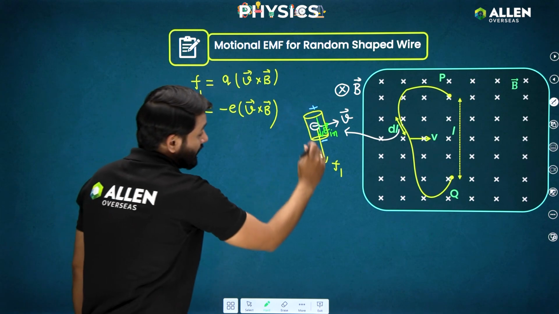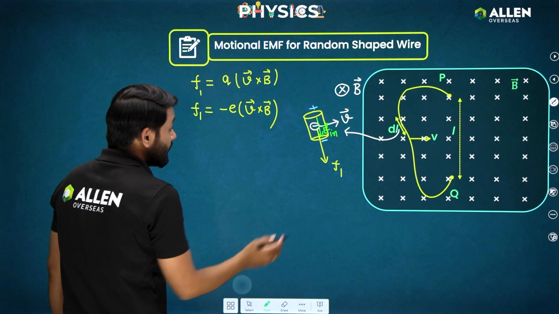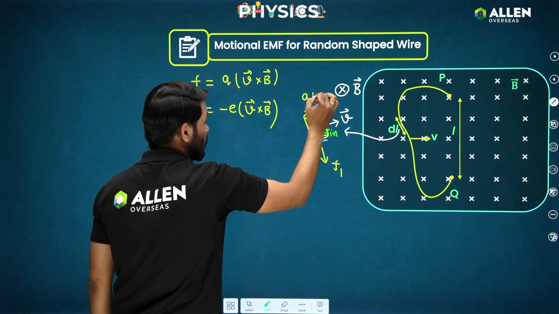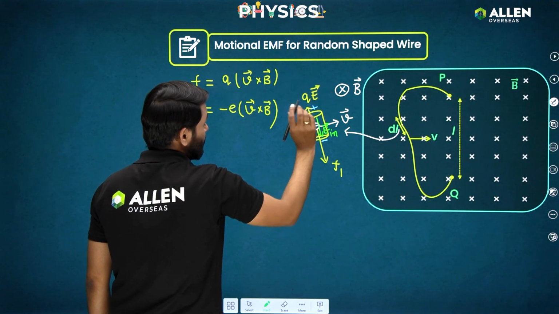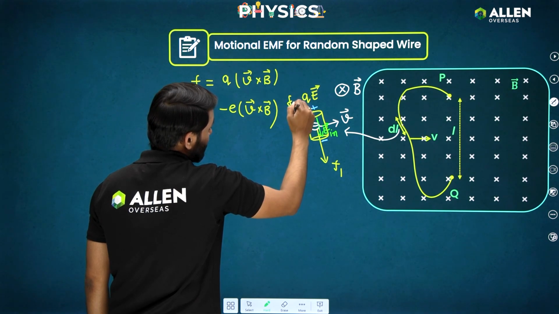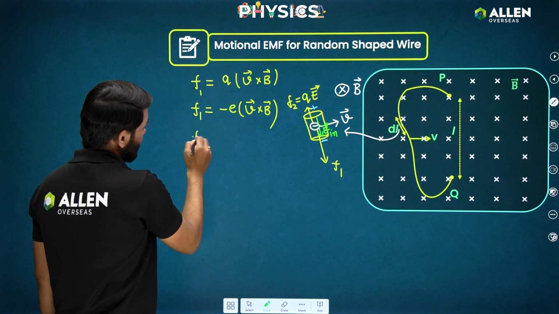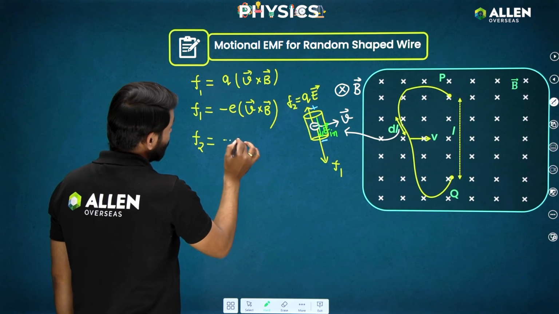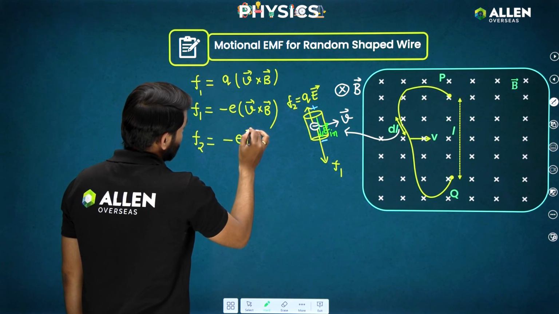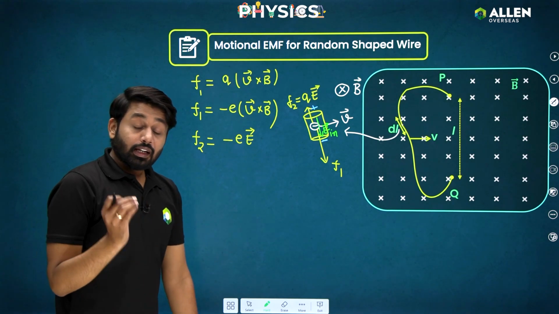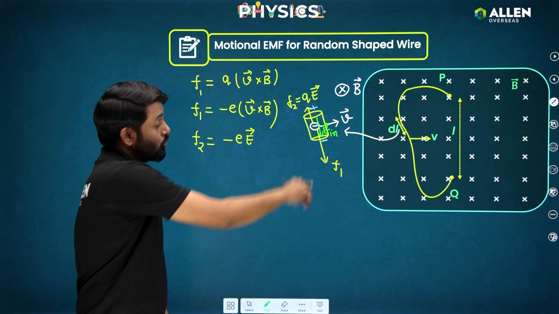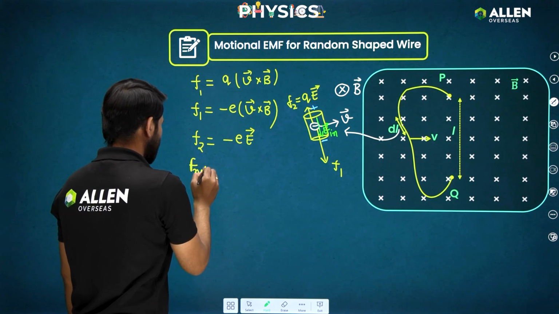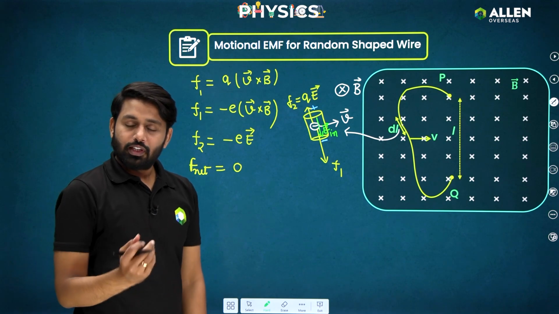Okay, due to this electric field, this negative charge will experience force in this direction. That I think you all know, Q into E vector, right? This force I am giving name F2, and I am writing F2 is Q into E, and Q is minus E. So with sign you have to put minus E into E. And at the electrostatic condition, when these two forces are equal, in that case, net force on the charge is 0, on the electron is 0.